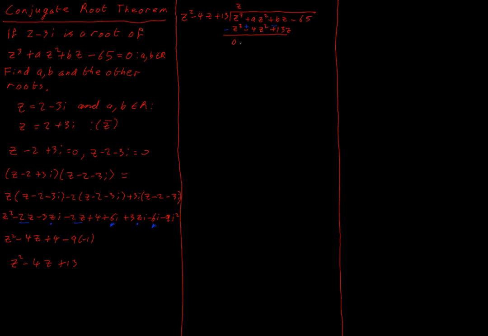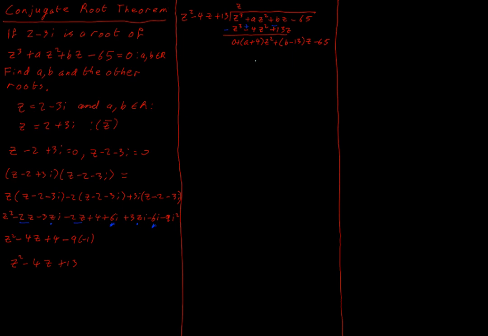In brackets I have a plus 4, z squared, and I have a common factor of z, so I'm going to open a bracket and I have b minus 13z, and I bring down 65, minus 65.